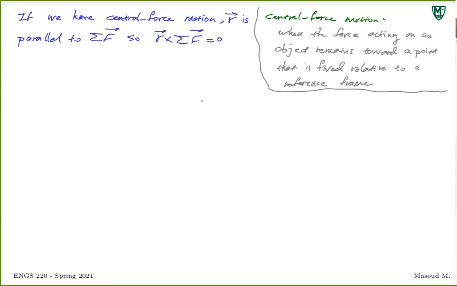Now, here is what I'm trying to say. Let's draw a frame in general form, with axes right there. I have an object I'm tracking, studying its motion. This is R, where the object is. In a central force motion, the summation of all forces, the resultant force, is always pointing to some fixed point.